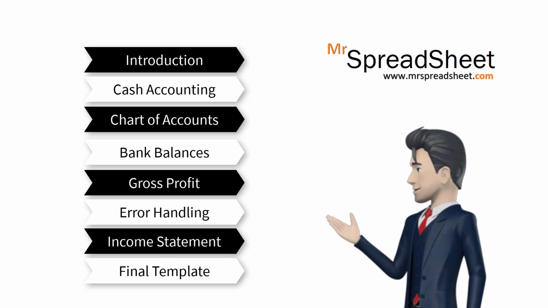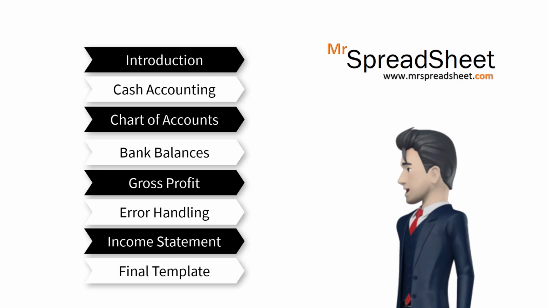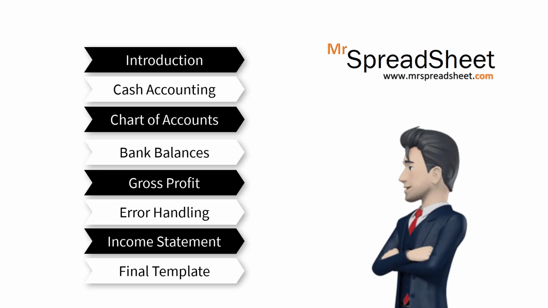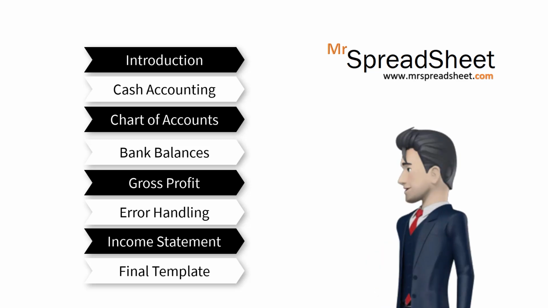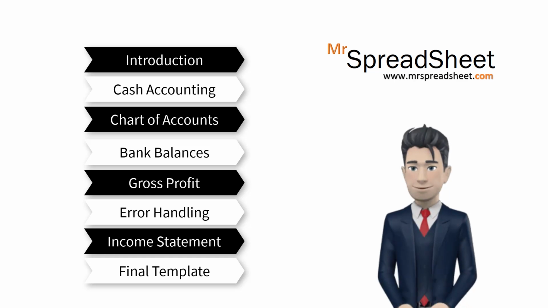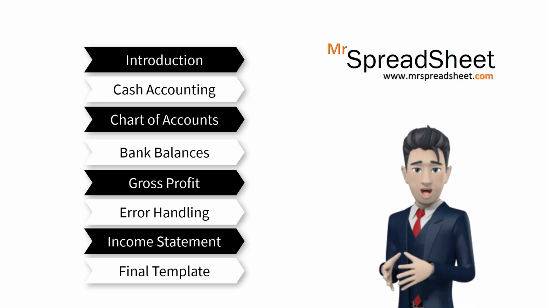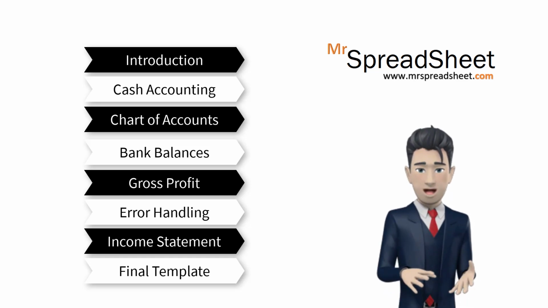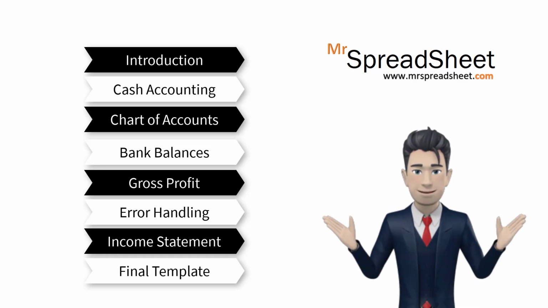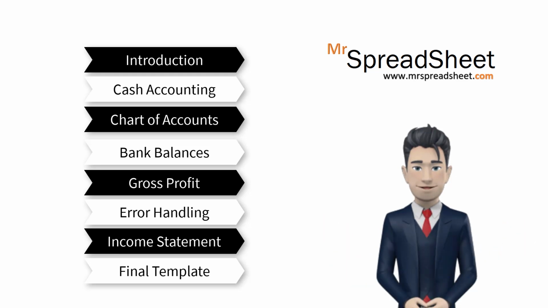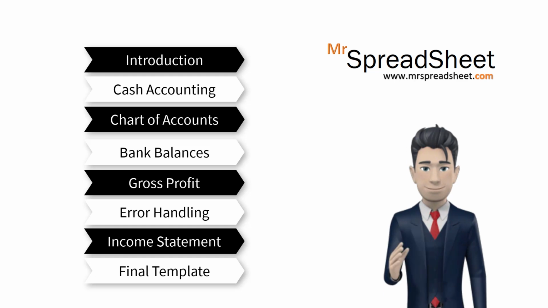If you want to catch up with the previous videos in this Basic Bookkeeping Spreadsheet series, then here is a listing of the topics covered so far. In video 1, we introduce the Basic Bookkeeping Spreadsheet. In video 2, we outline cash accounting. In video number 3, we deal with the chart of accounts, whilst video 4 concentrates on bank balances.